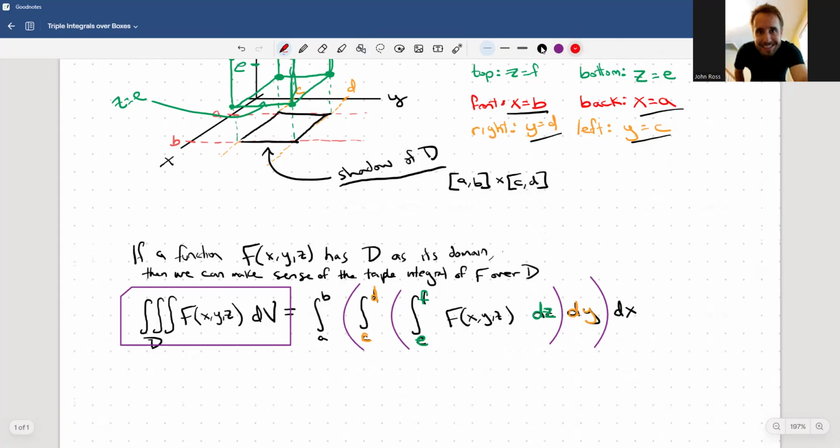We'll plug in y equals d minus plugging in what we get for y equals c. Again, just using the regular fundamental theorem of calculus. We'll plug in for all of our y's. We'll run out of y's. And then the result is just something involving x's. And then in the end, we can integrate that x expression as x goes from a to b.